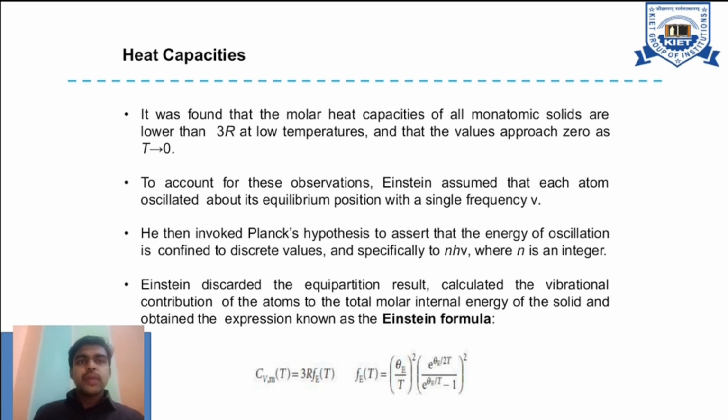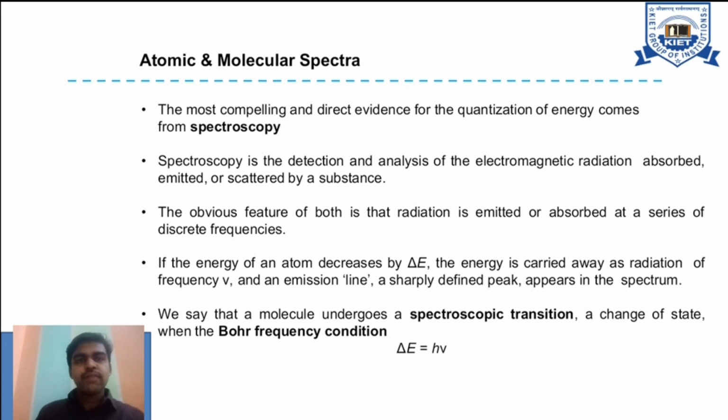It was found that molar heat capacities of all monoatomic solids are lower than 3R at lower temperature. Einstein's formula is also derived. Planck's hypothesis is also derived. Single frequency is also derived. So while considering these heat capacities, we have to observe all the frequency aspects, all the hypotheses, and finally Einstein's formula is derived.